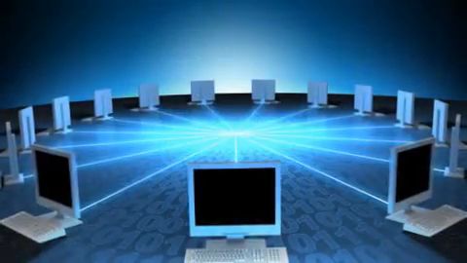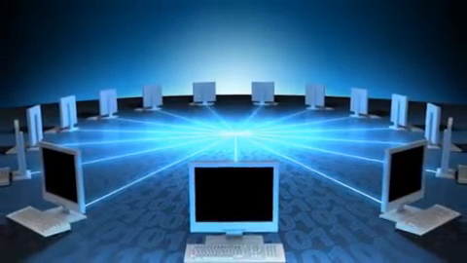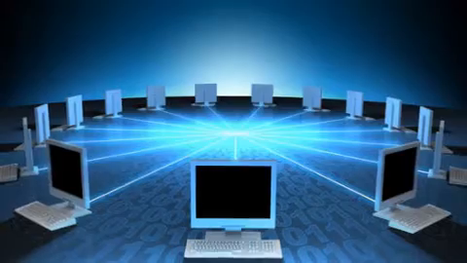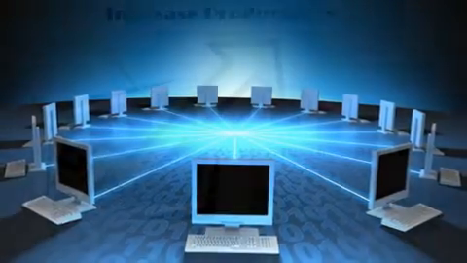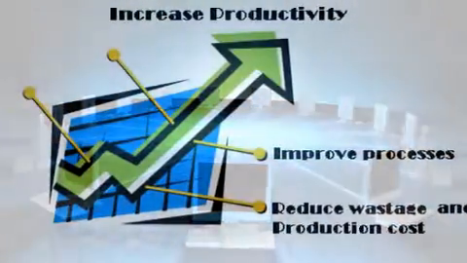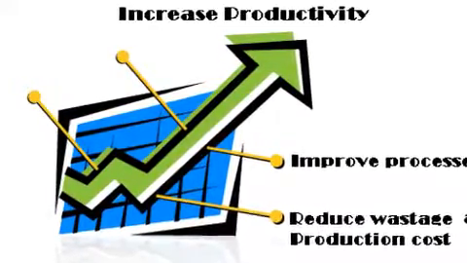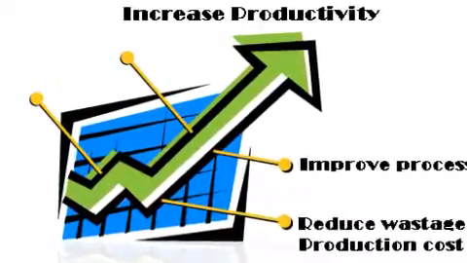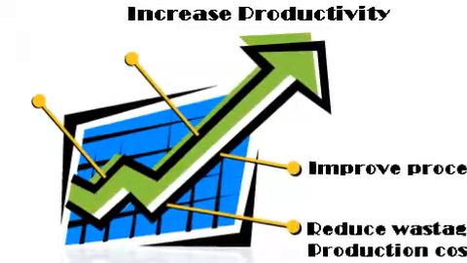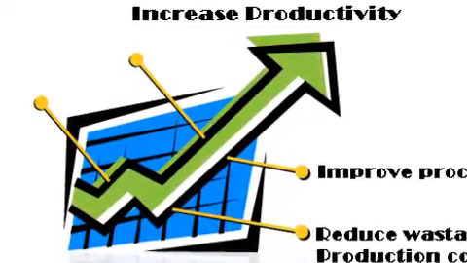In other words, an economy can only produce at any point so much of a given product. Producing more than what it can, the economy must seek to raise its productivity by improving its processes, reducing wastage of raw materials, and reducing production cost.